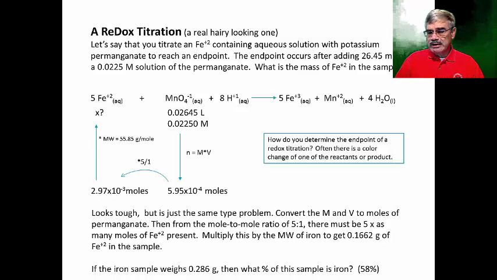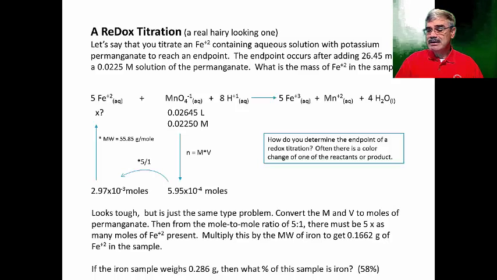As one further wrinkle in this problem, what if our original iron sample weighed 0.286 grams? The sample contained 0.286 grams, but we've determined that of this sample, 0.1662 grams is actually iron. That means that the sample may have contained some other material.